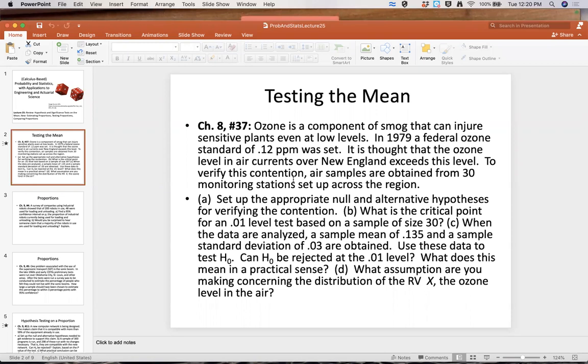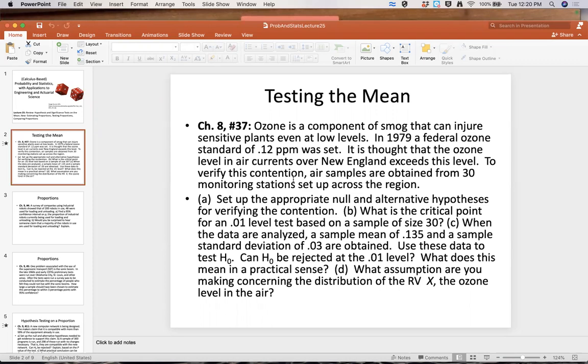Ozone does protect us in the upper atmosphere against, I think, ultraviolet rays from the sun. They'd be a lot more harsh if the ozone layer wasn't there. But when it's near the ground level, then it's a component of smog, and it can make breathing difficult, and it can evidently injure plants.